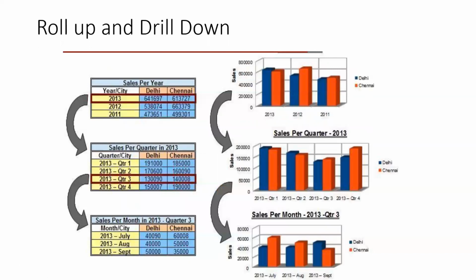There is a concept called roll up and drill down. We can create hierarchical dimensions for that. Over here you can see a simple table report, with years on the y-axis, and cities like Delhi, Chennai.